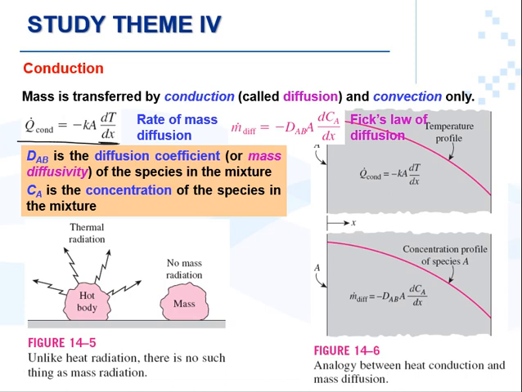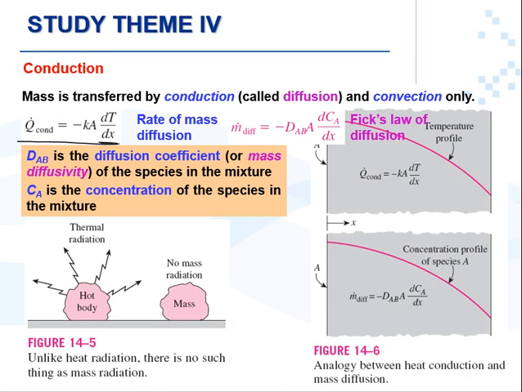Likewise, diffusion is the same term for mass conduction, so we can relate mass diffusion, m dot diff, which is an abbreviation for mass diffusion, in the direction of x to be proportional to the concentration gradient in the x direction.